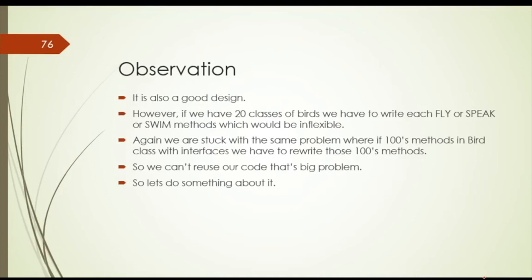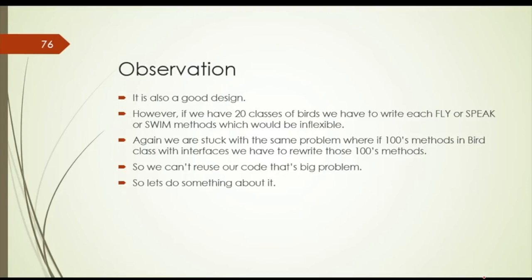And if we really observe the design, it's really a good design. There is no confusion with it. The problem with this design is that if you have 100 or 20 classes, then you have to write the same methods every time, which is also a very wet solution.